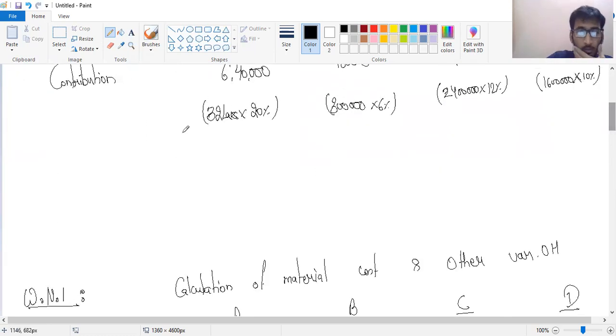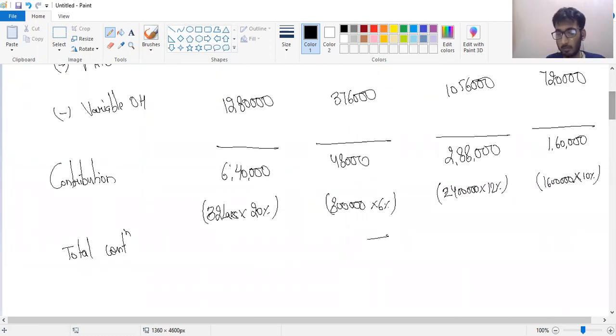Now, other thing would be the total contribution. What would be the total contribution? It would be 288, 1136.